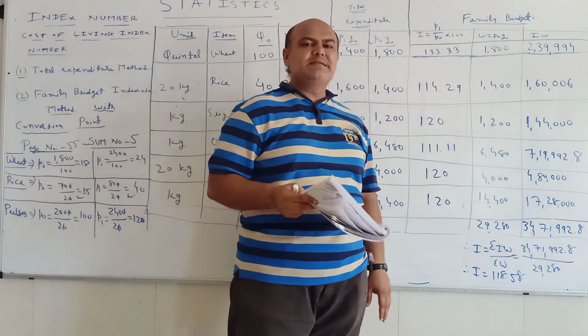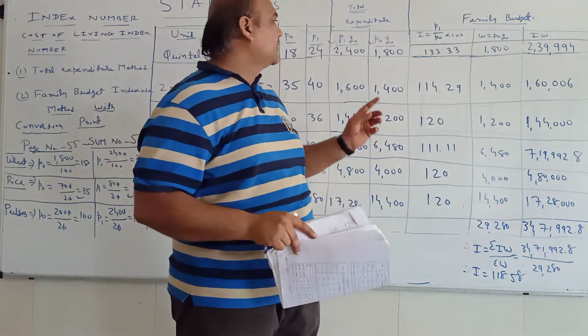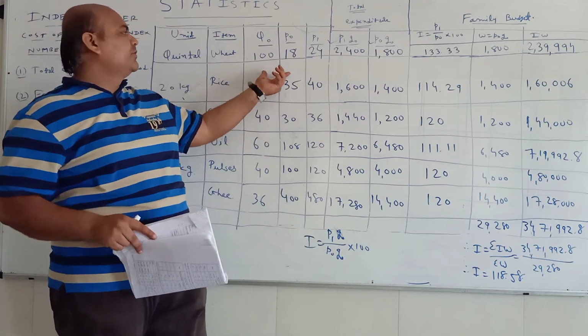The column of W is simple, P0 Q0, the column of P0 multiplied with Q0.